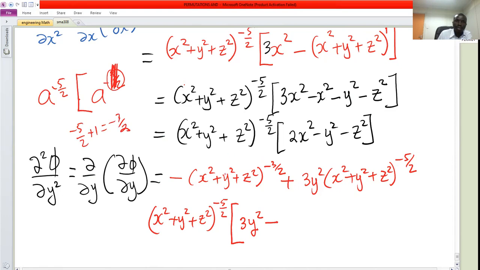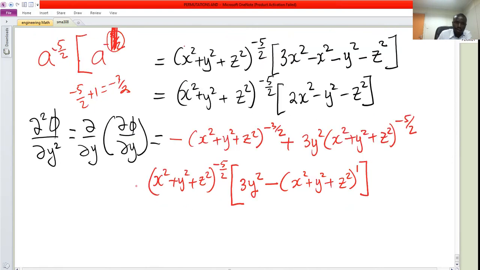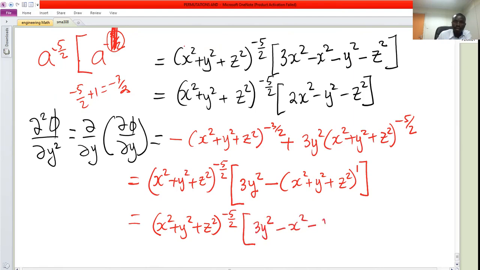So the power of this one will be 1, x squared plus y squared plus z squared raised power 1. So that this reduces to x squared plus y squared plus z squared raised power minus 5/2 into, here we'll have 3y squared minus x squared minus y squared minus z squared.